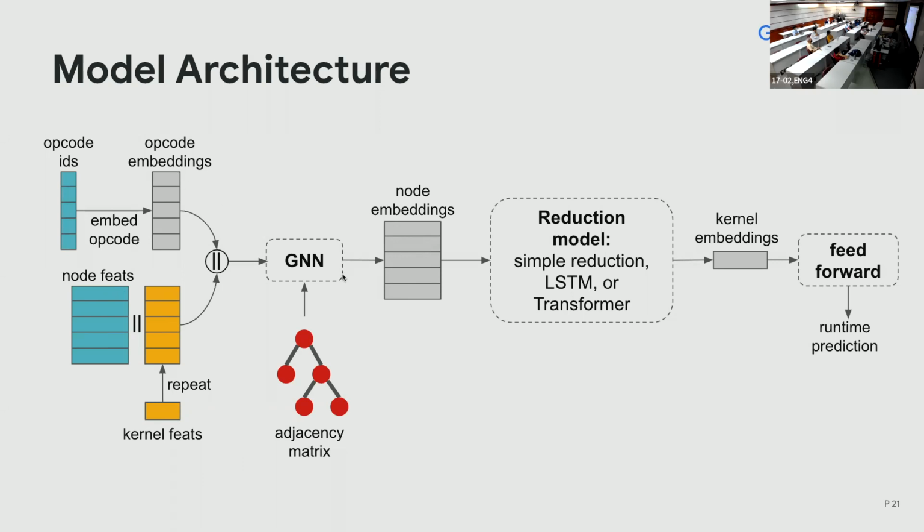The output of the GNN is node embeddings that can then be reduced into a kernel embedding and fed into a feed-forward layer to predict the final runtime. For the reduction model, we consider multiple options, including just simple reduction where you basically just reduce the embeddings over all the rows into one row, or something more fancy like LSTM or transformer.